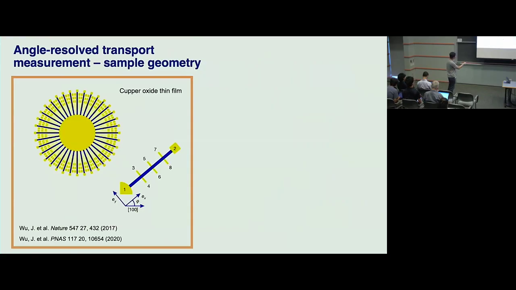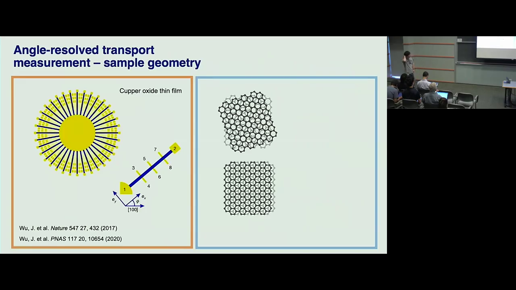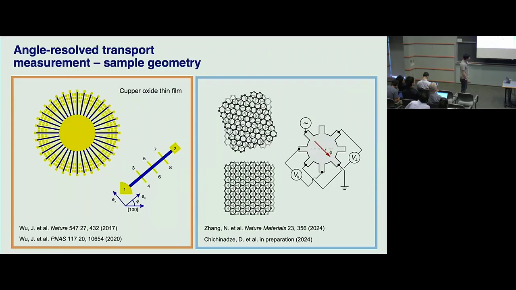And in order to do something like this, combined with our fabrication technique, this requires a sample that's roughly 3 by 3 millimeter. So if we want to use this to study van der Waals structures, either Moiré or Moiré-less structures, it's essentially impossible. So in order to do angle resolved transport in these materials that we're interested in, we fabricated a Corbino version of an angle-dependent sample that consists of a disk with several leads.